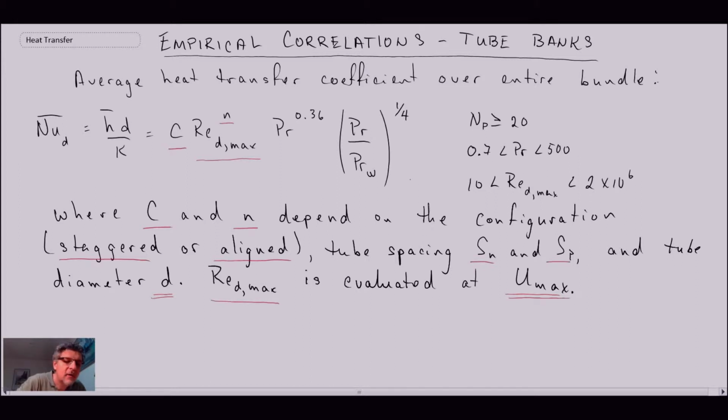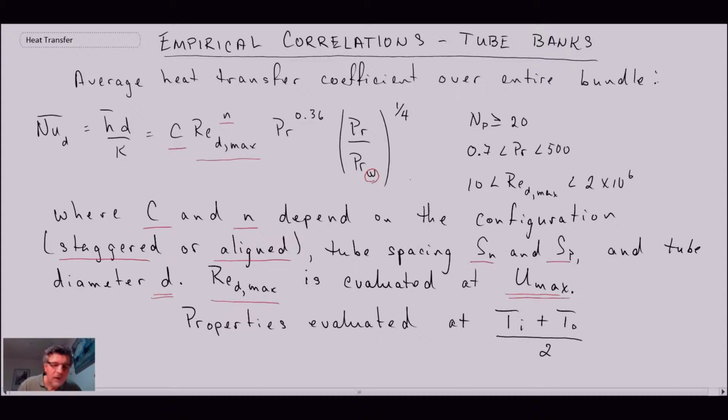But essentially, we'll come up with a method by which we can determine the maximum velocity going through our tube bundles. With this equation, there are a couple of other things. We'll note that here, the Prandtl number is being evaluated at the wall temperature. That's what the subscript W denotes. The other properties in this equation are evaluated at the average between the inlet and the outlet of the tube bundle.